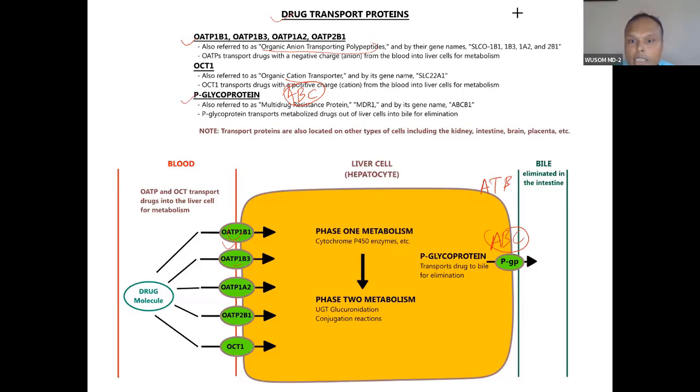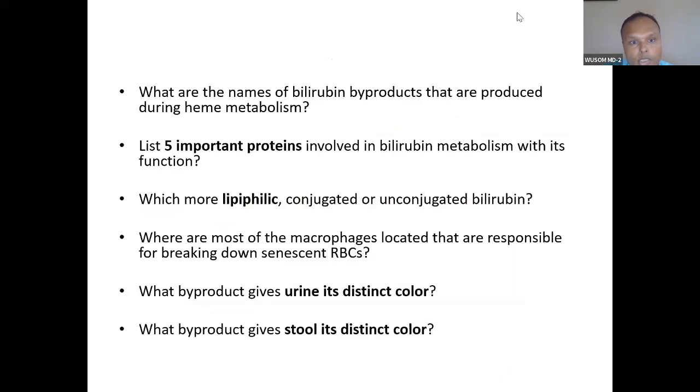It will utilize ATP to pump all those toxic materials out of the cell, or sometimes useful material out of the cell. For example, cholesterol is thrown out of the cell. If it accumulates, it becomes toxic. So you can take it as toxic, but sometimes it is also a good thing.